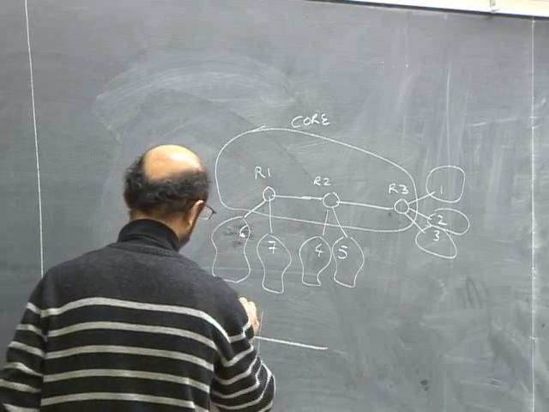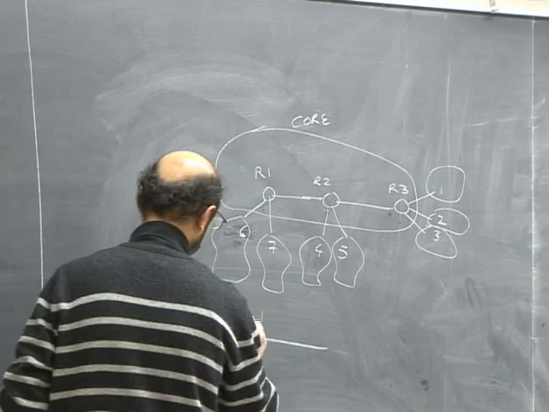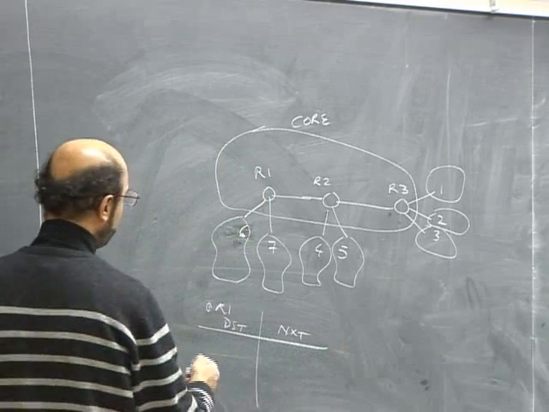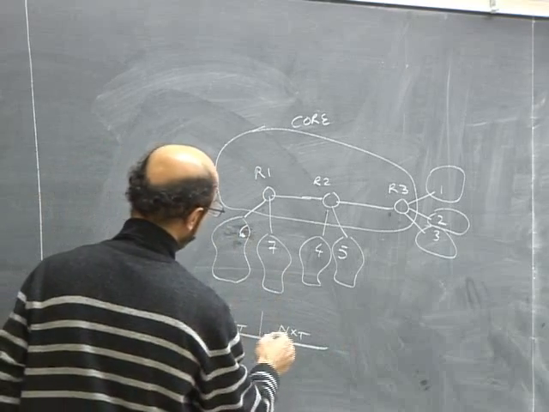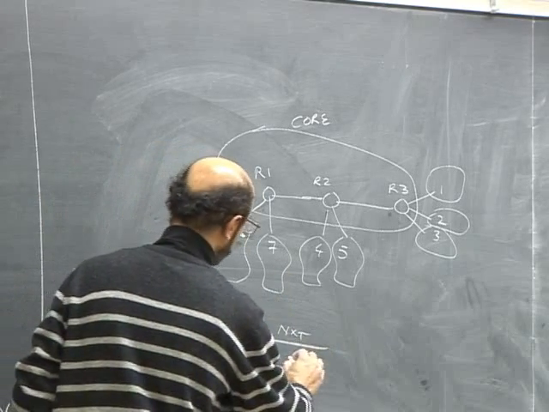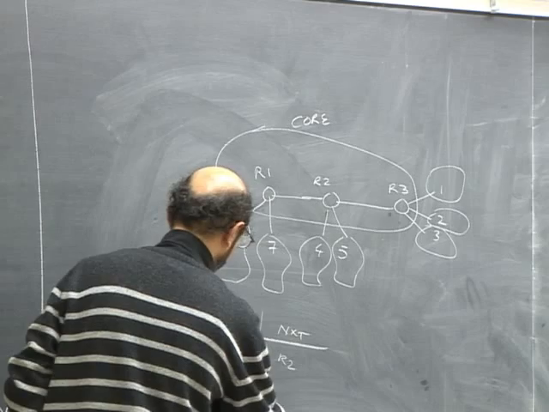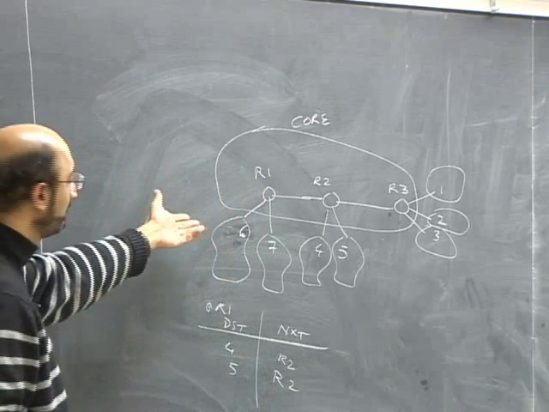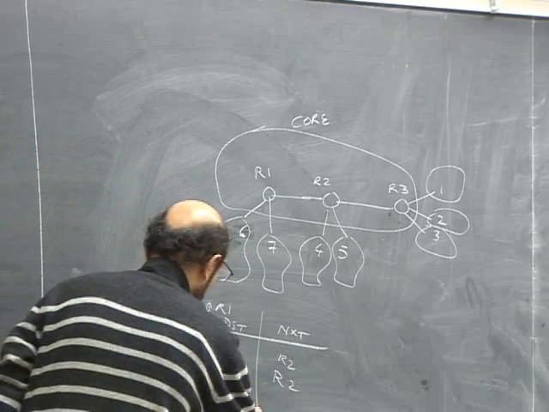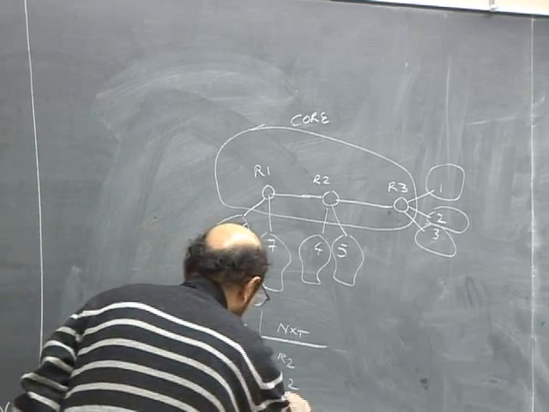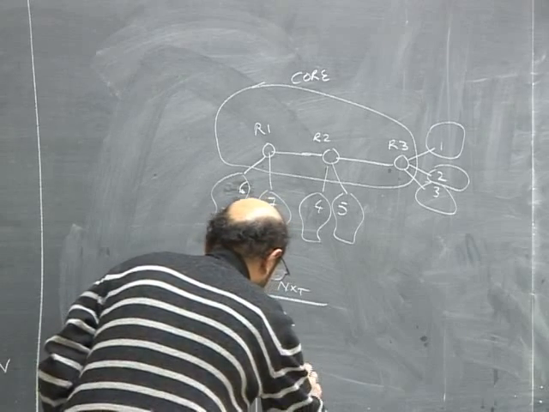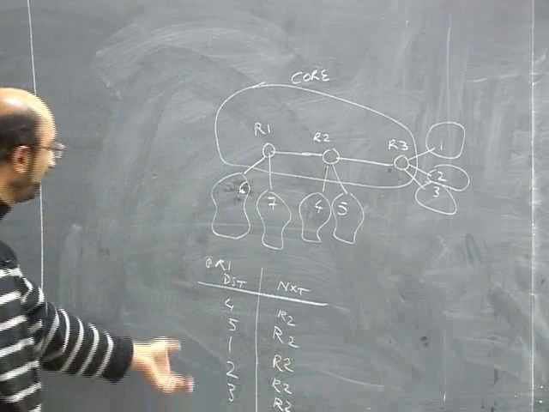It says the destination, and I want the next hop. If the destination is 4, the next hop is R2. The destination is 5, the next hop is R2. Well, we know that, because that's obviously where it is. But moreover, if I have 1, 2, or 3, then it's R2 as well. In all these cases, I'm going to send it to R2.